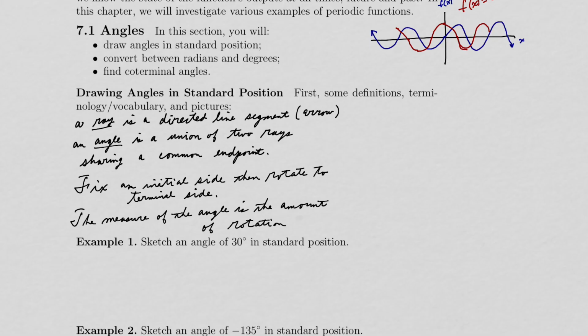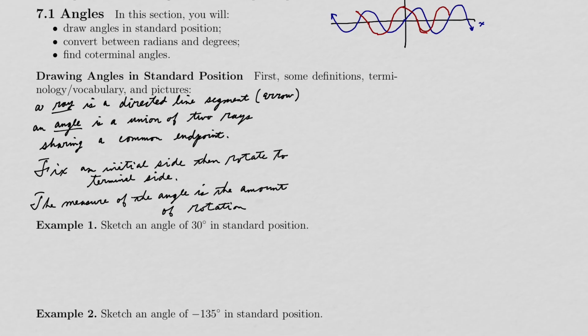Okay, so let me draw some pictures here. Let's say I have a ray ED. Okay, so again, it's like an arrow, right? It starts at E, it passes through D, and it goes on forever. You can think of it as a directed line segment or an arrow.